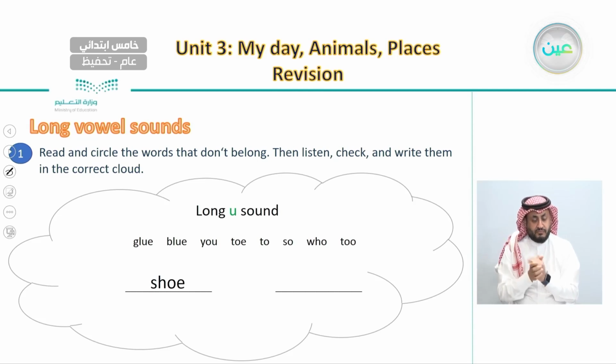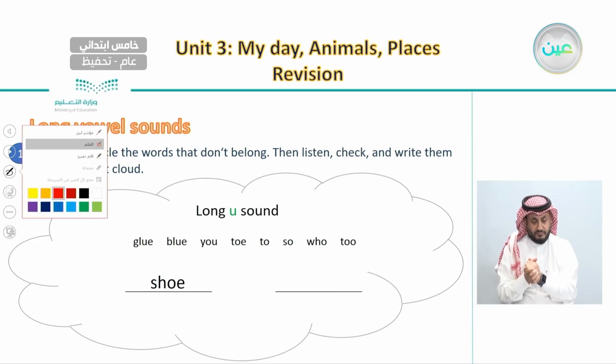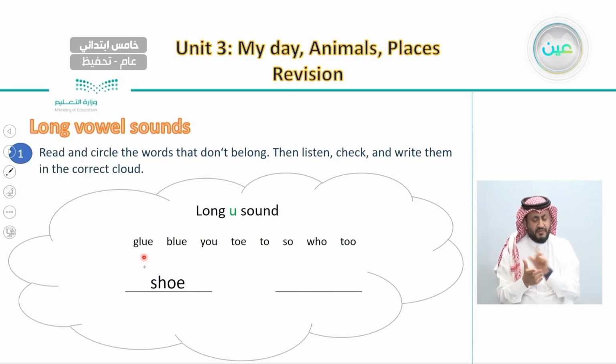So let's listen to the words in this cloud, and then you and I can circle the words or the sounds that do not belong to this cloud. So the long U sounds, let's read the words so we can cross out the words that do not belong here.